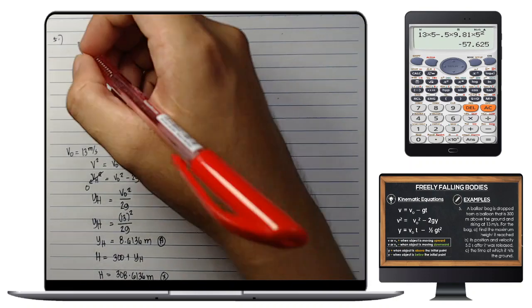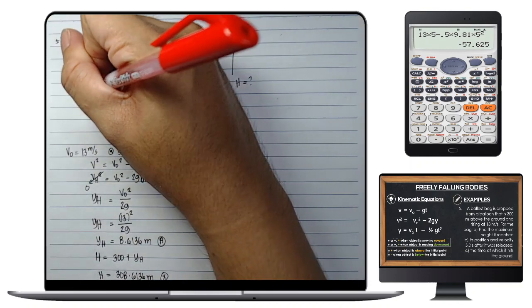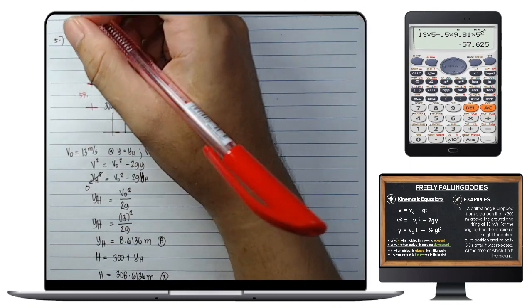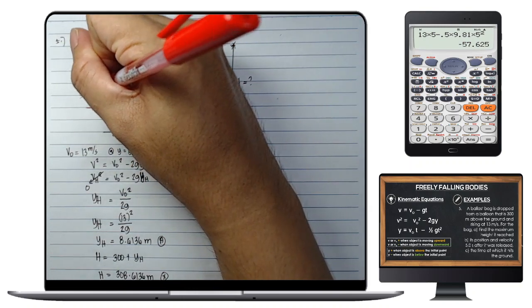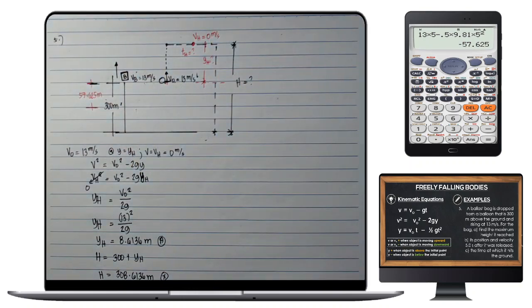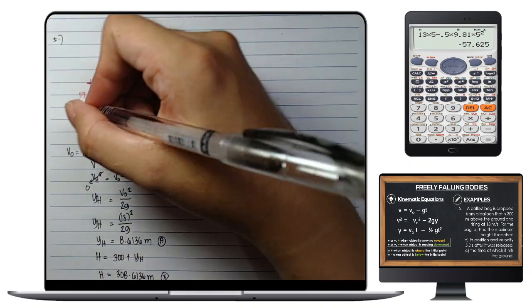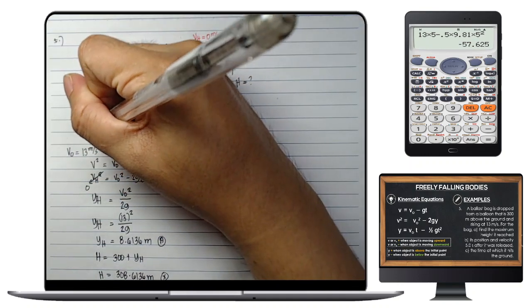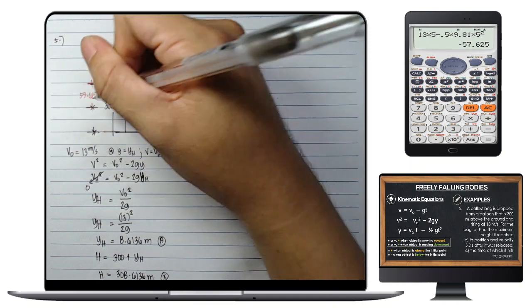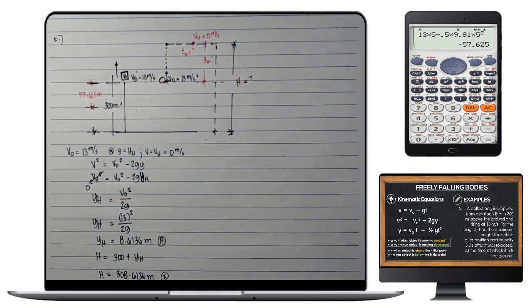So, with that, ito yung ating 57.625 meters. So, pwede mong sabihin that the position of the ball is at 57.625 meters below the balloon. Okay? Or, para mas concrete, since the balloon is moving, mahirap siyang gamitin as our reference. So, pwede nating sabihin na yung reference natin is yung ground.